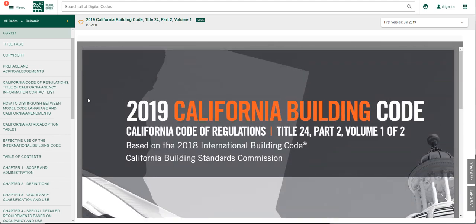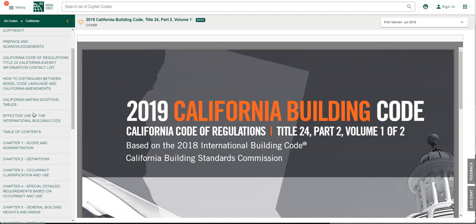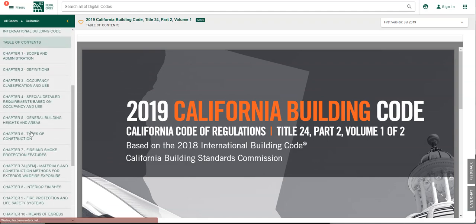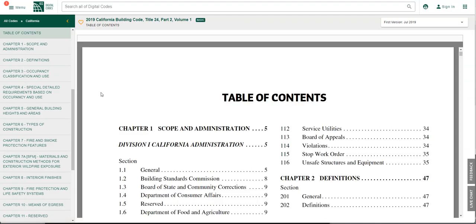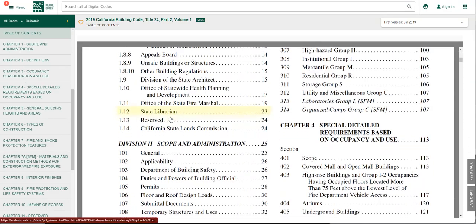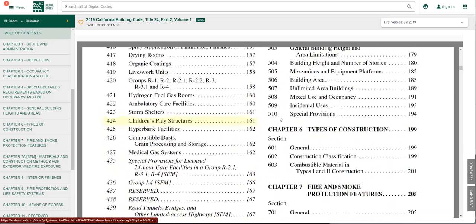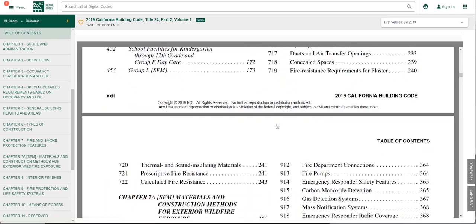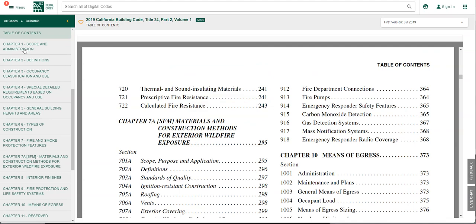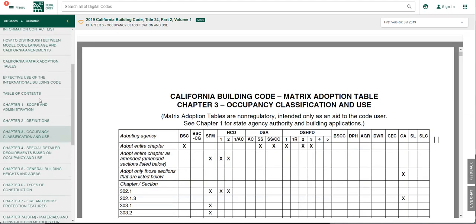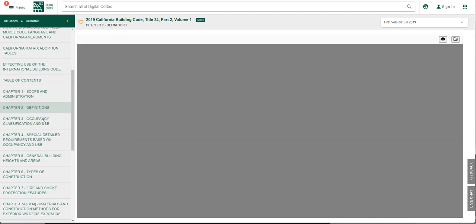So here's what it looks like. This is the cover, and here's your table of contents. And here's the actual contents inside that book. You can see if you try to print this page, this is what it's going to look like. There are different chapters inside, and we're going to start with definitions.